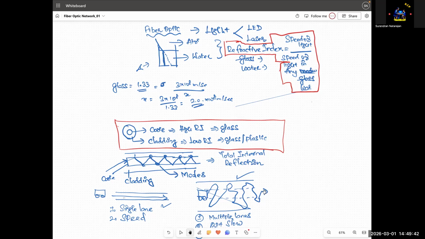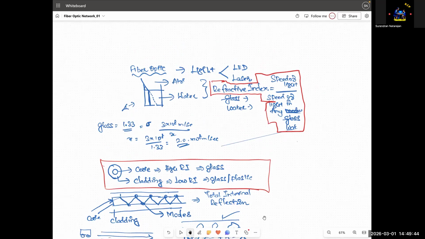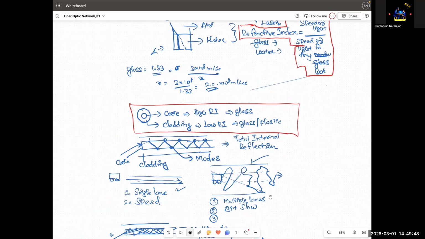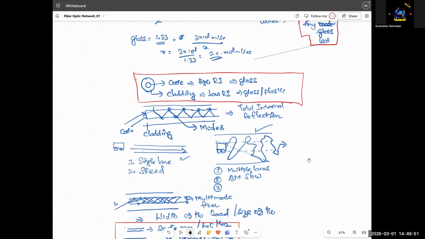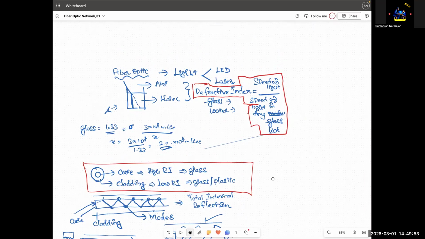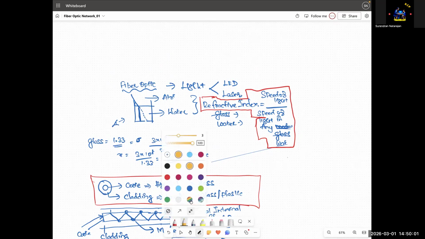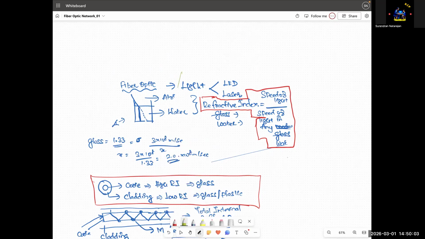One more we missed out here: the light source used is LED or laser.